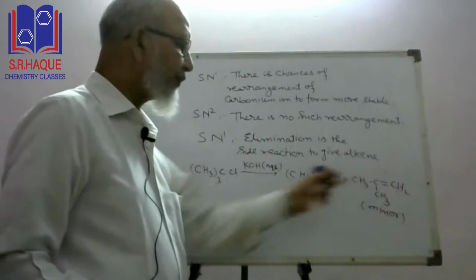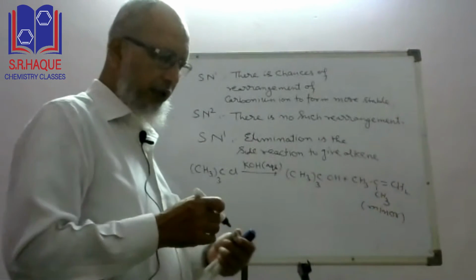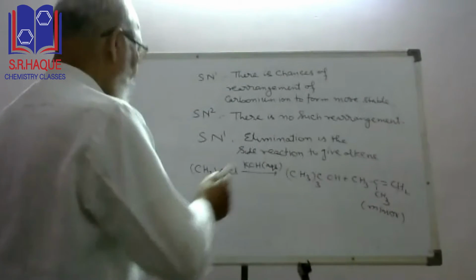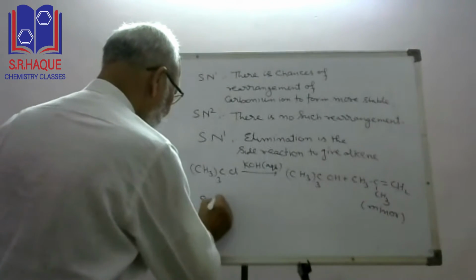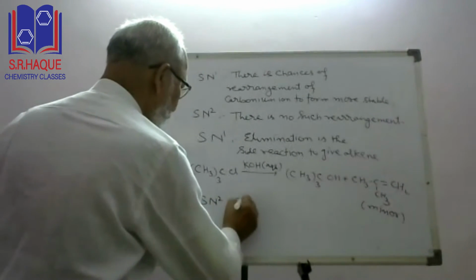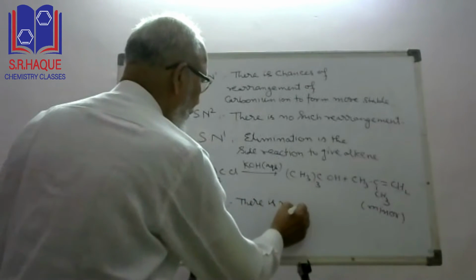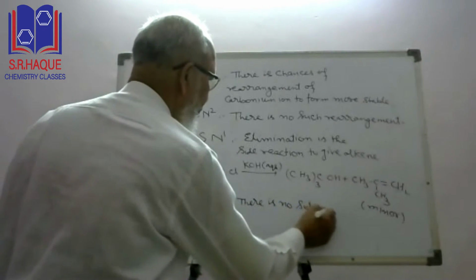The formation of this alkene is on account of the elimination reaction taking place on the side. In SN2, there is no side elimination reaction.